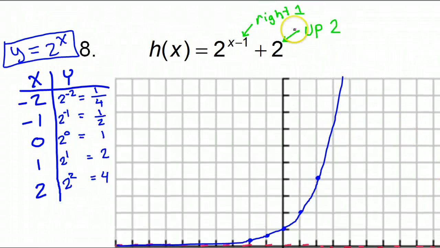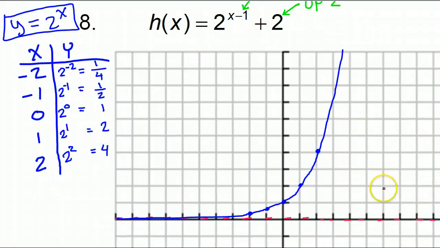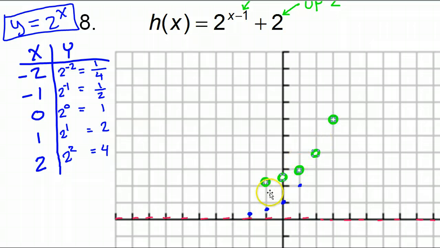Okay, so we need to take this parent function and move everything right 1 and up 2. So let's do that. So we have to move right 1 and up 1, 2. So that would put us right there.